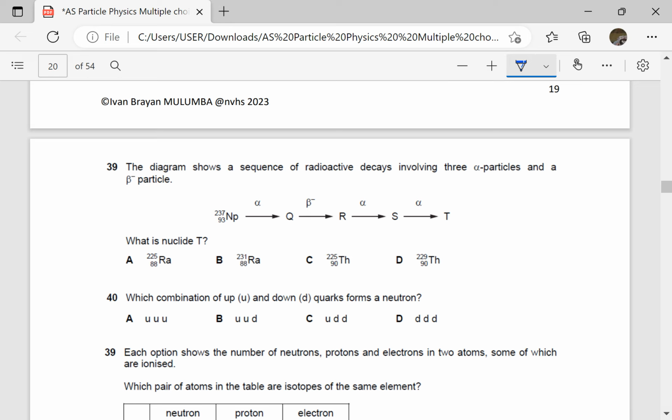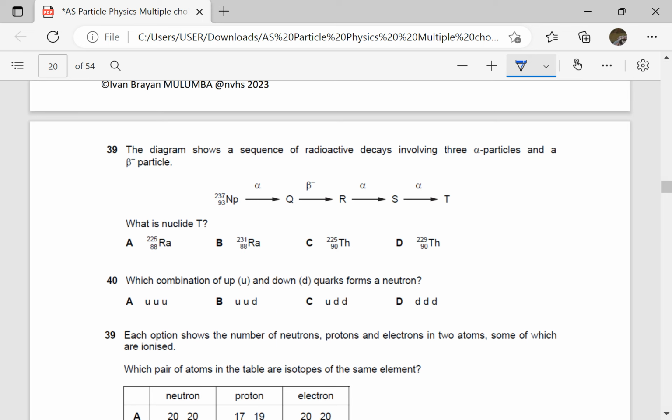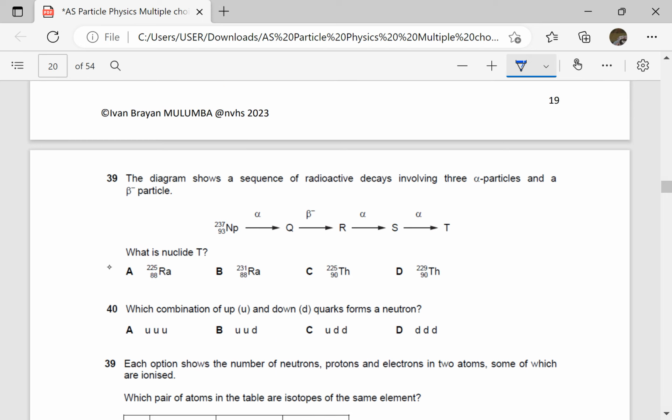The diagram shows a sequence of radioactive decays involving 3 alpha particles and a beta minus particle. What is nuclide T? Let's first find nuclide Q. Alpha is 4, 2. So the nucleon number reduces by 4, which makes this one 233.